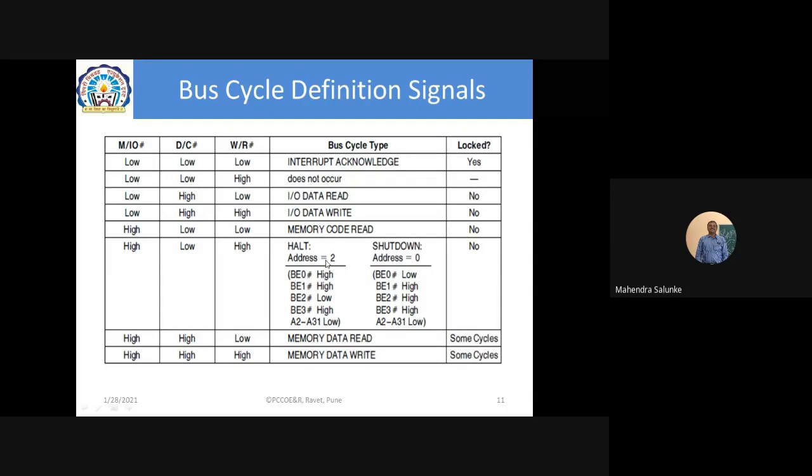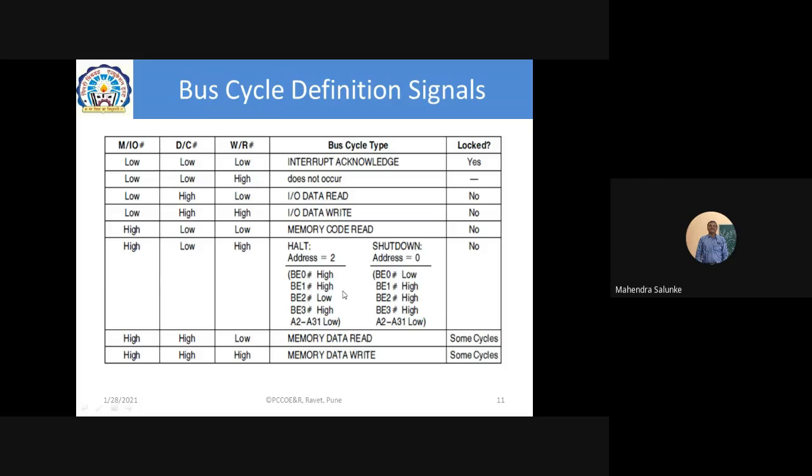As per the table we discussed in the morning, the complete address 2 means the lower 2 bits are 10, and this is associated with BE2, so BE2 bar will be low.